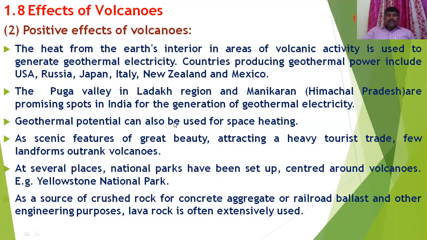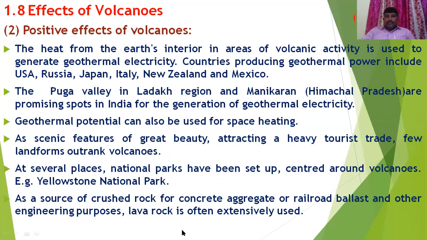The heat from the Earth's interior in areas of volcanic activity is used to generate geothermal electricity or geothermal power. Countries producing geothermal power are the United States of America, Russia, Japan, Italy, New Zealand, and Mexico.